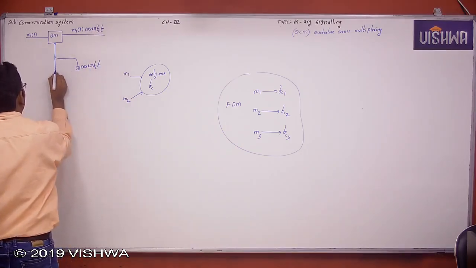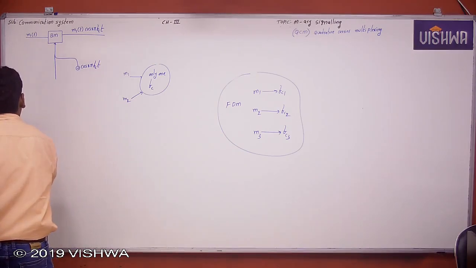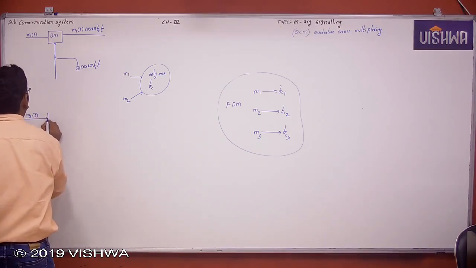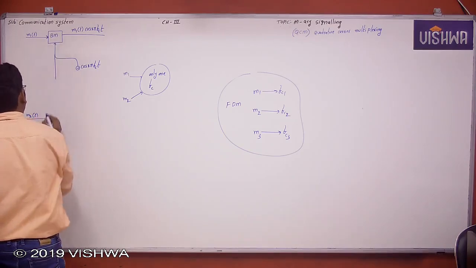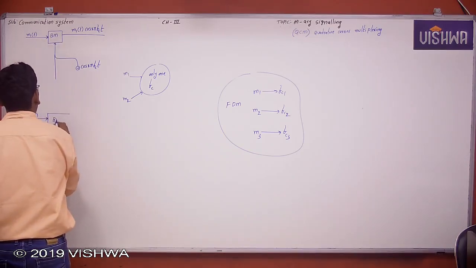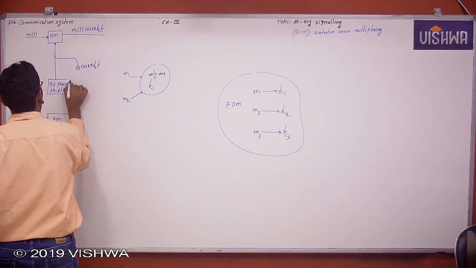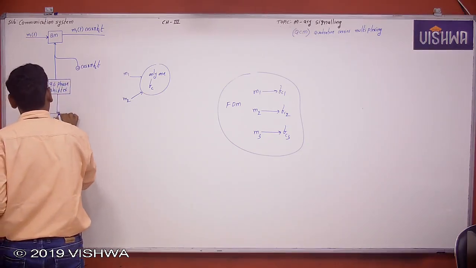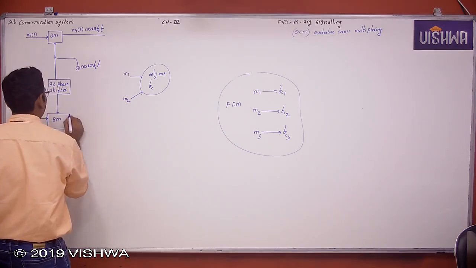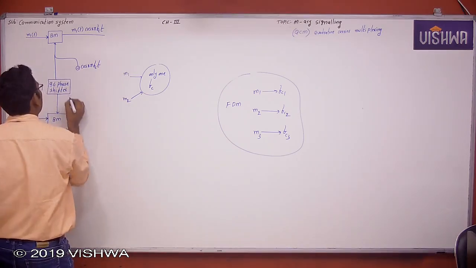Now this is the second message signal, m2 of t. So we require another carrier, but what I am doing here is, this carrier undergoes a phase shift of 90 degrees, using a phase shifter. Now this is cos 2 pi fct.